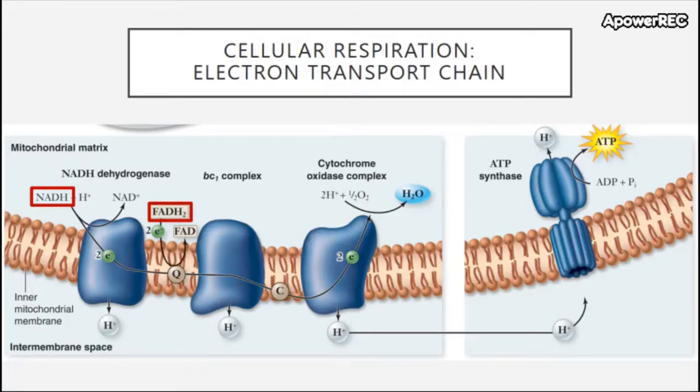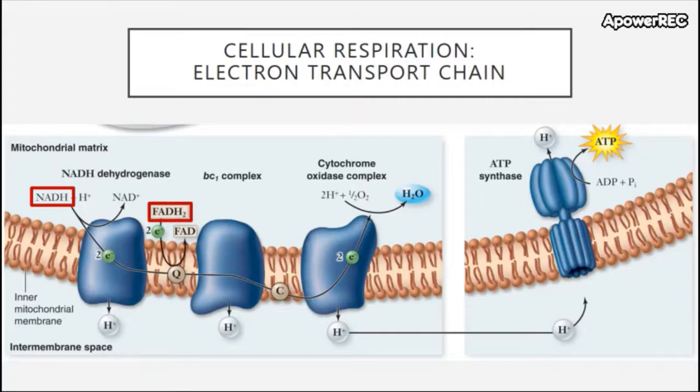We won't get into memorizing each one of these complexes, but you can see it creates a chain of electrons, and these electrons are used to pump protons across this membrane into the intermembrane space.